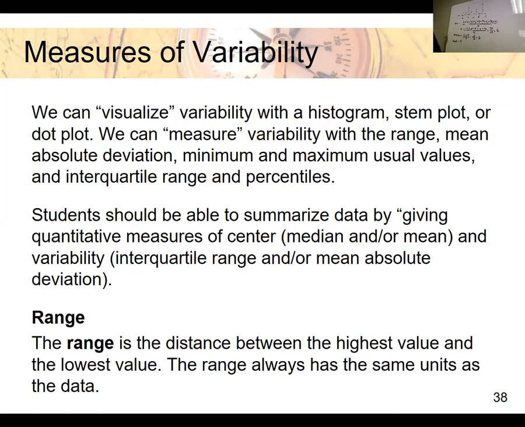Okay, so here variability can be measured by using what they call the range, the mean absolute deviation, the minimum and maximum usual values, and of course the interquartile range and percentiles. Now, the interquartile range and percentiles we'll talk about in section 8.3.